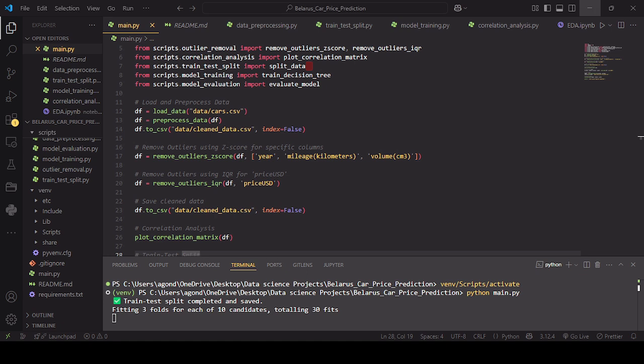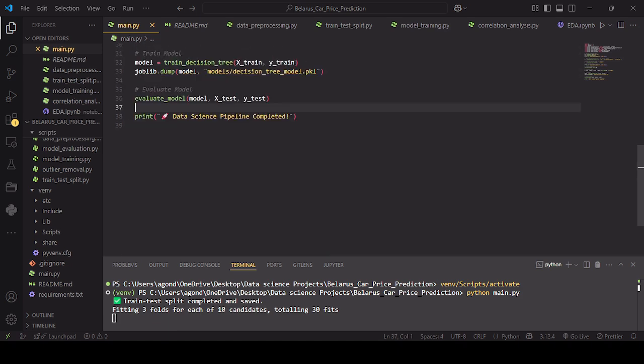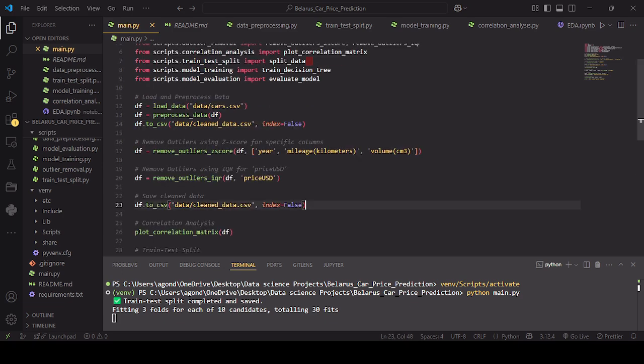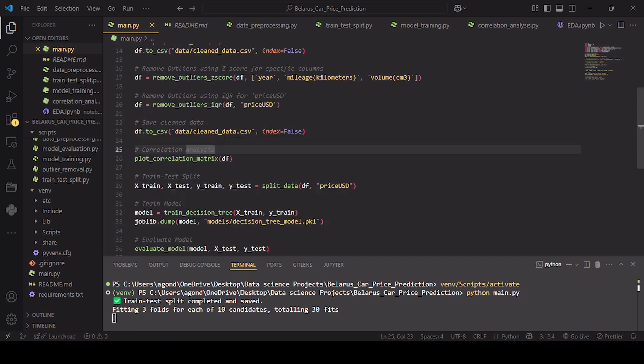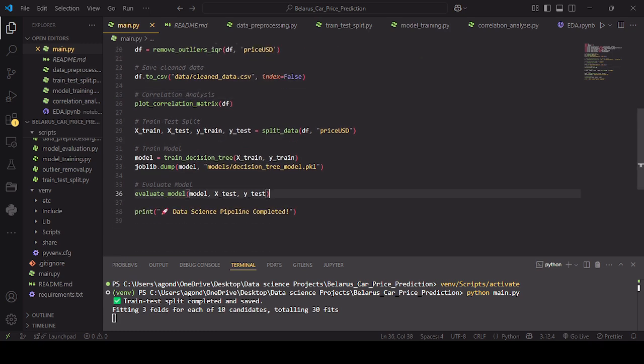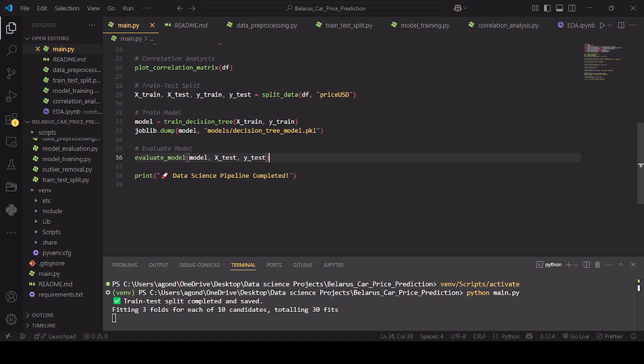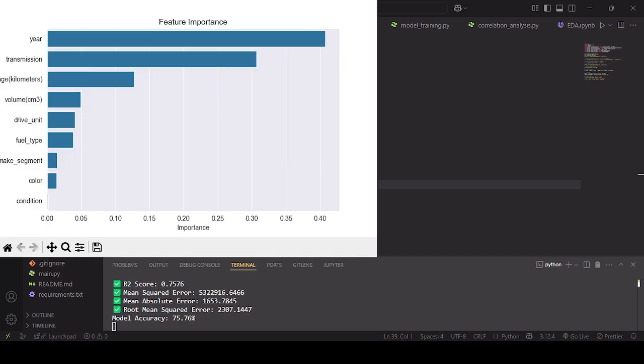Then it has started to do the data set parts, training module. Right here we can see it has given us the feature importance.